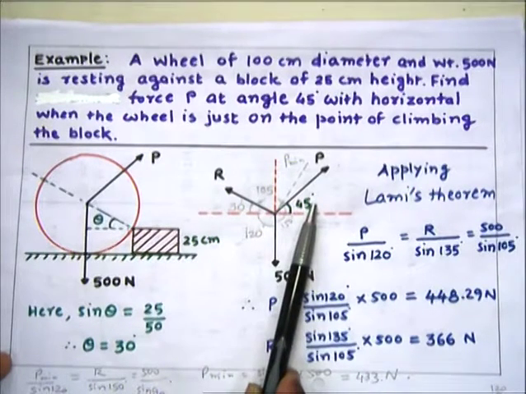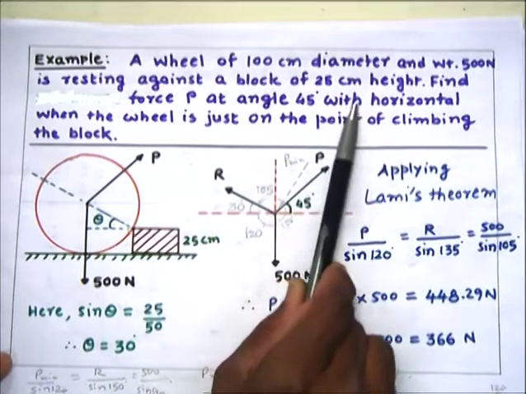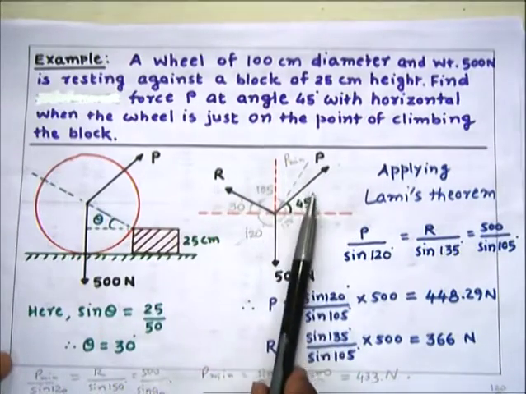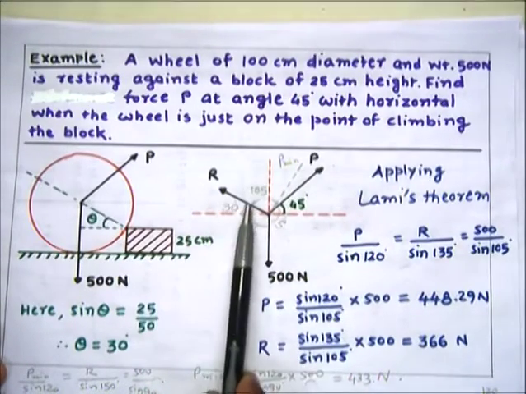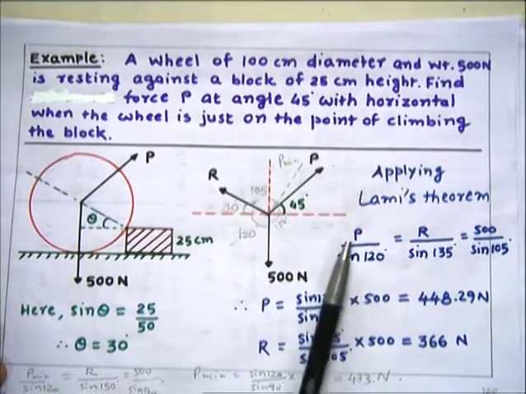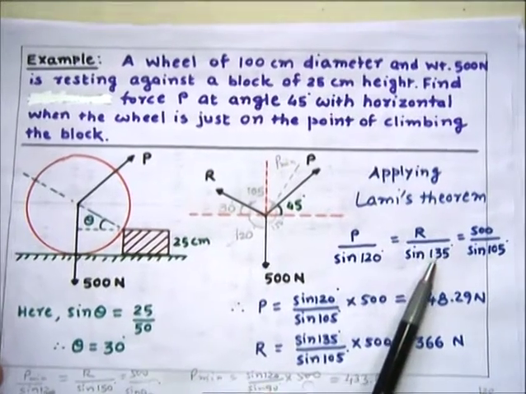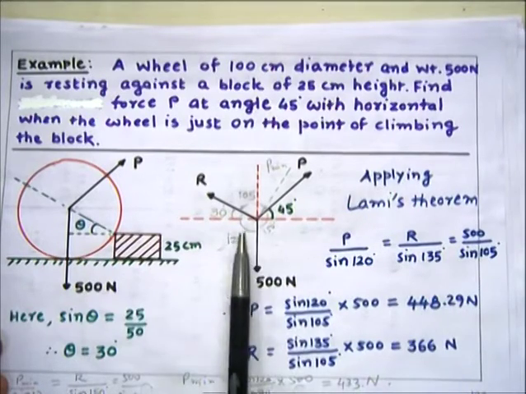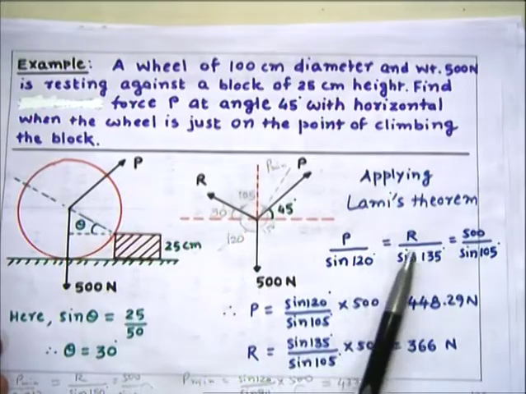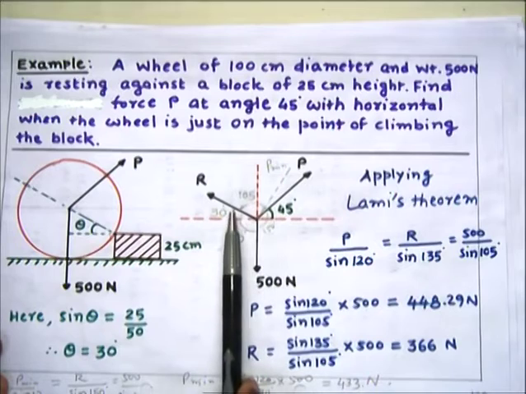And here this angle 45 degree is already given because P is at angle 45 degree. So you are asked to find out force P. Then we have P divided by sine of this angle, that is 120, is equal to R divided by sine of this angle 90 plus 45, that is 135, is equal to 500 divided by sine of this angle, that is total 105 degree, because this is 45 degree, this is 30 degree.